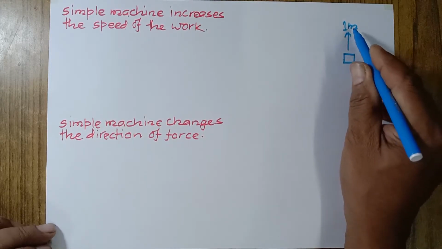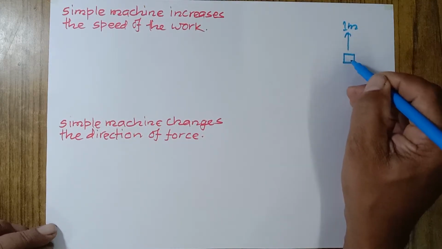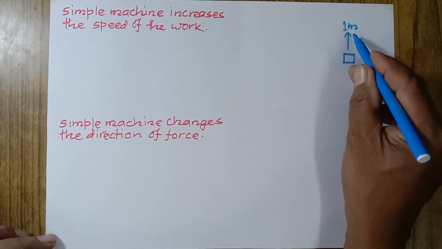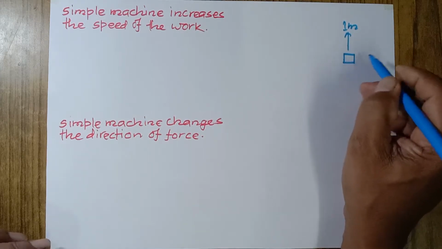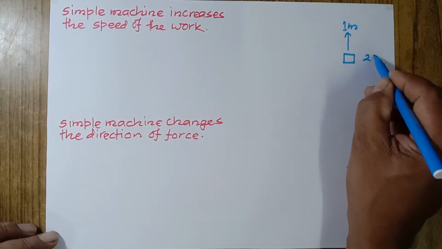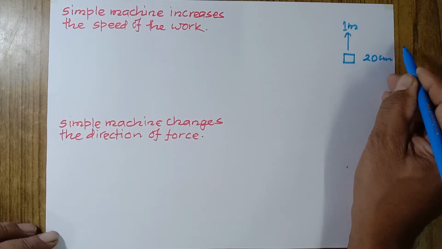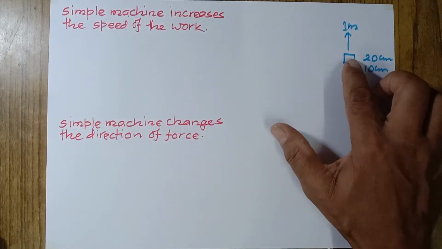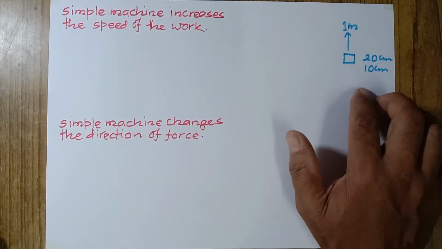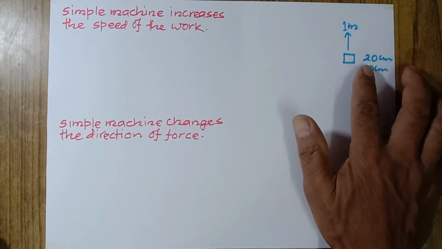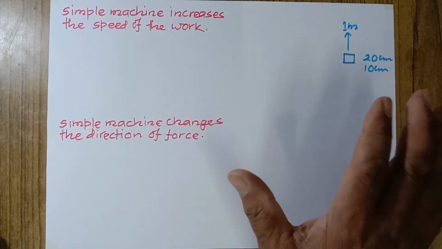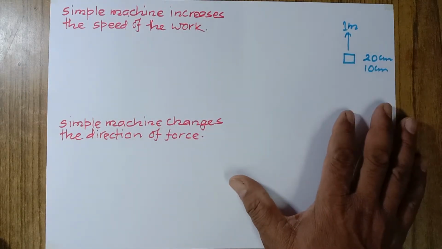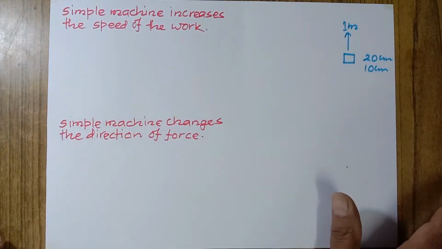If you apply force up to just 20 or 50 centimeters, it cannot be raised up to 1 meter. And that's why with bare hands the speed of the work cannot be increased.